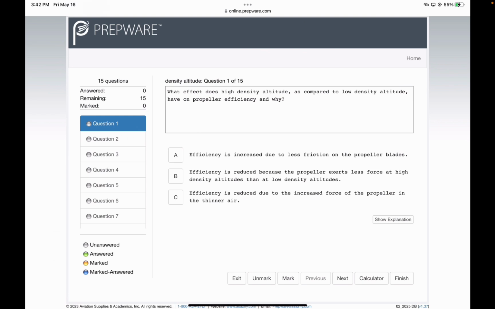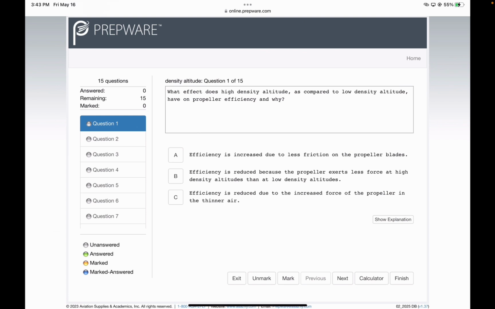What effect does high density altitude as compared to low density altitude have on propeller efficiency and why? Okay. High density altitude. Is that bad or is that good?